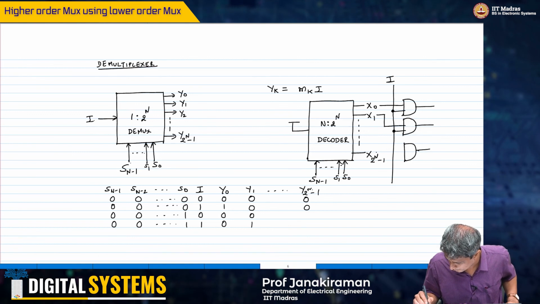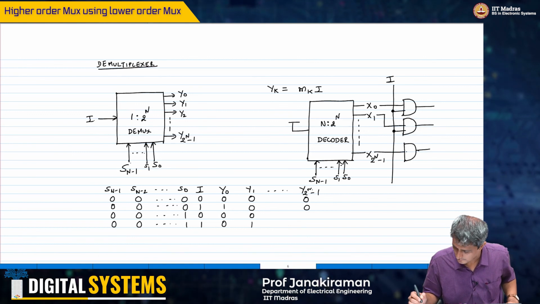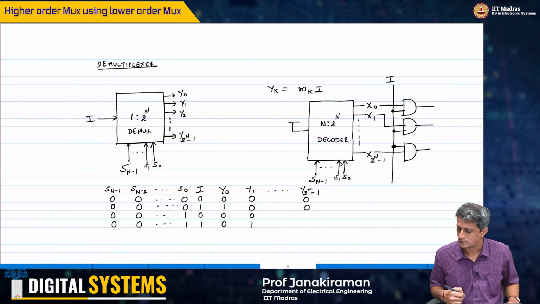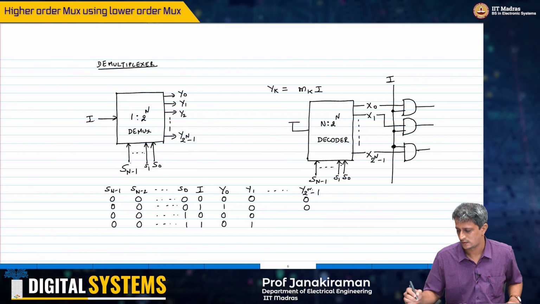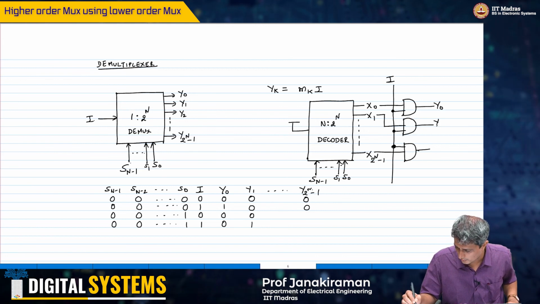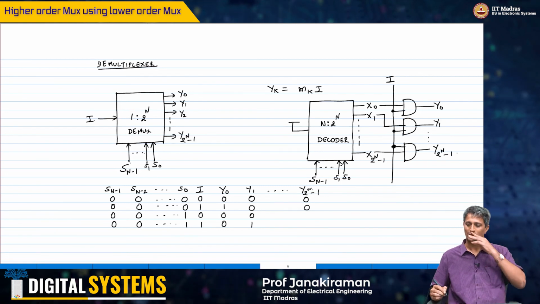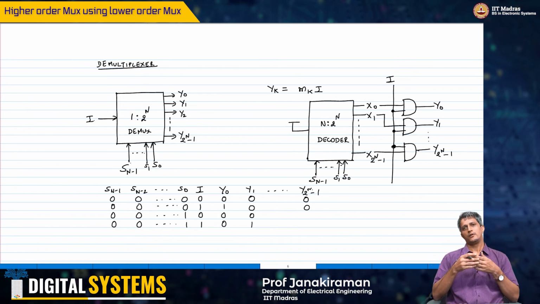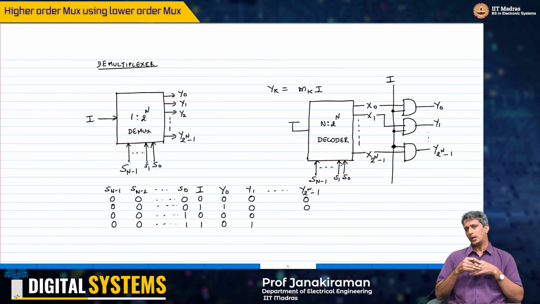So I get the outputs y0, y1 all the way to y2 power n minus 1. So with that, we have been able to implement a demultiplexer as well.